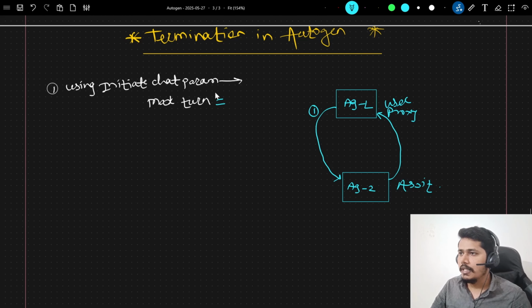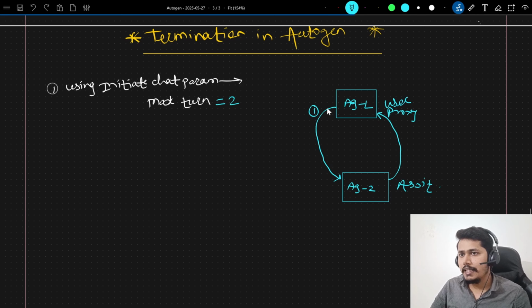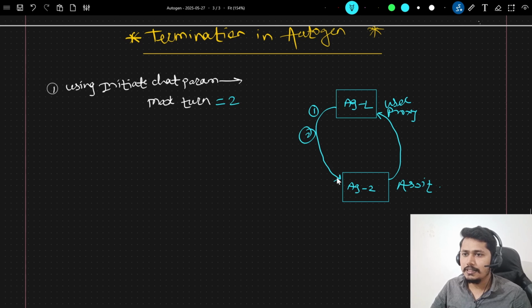Now, let's say we set the max turn parameter as 2. So each turn we need to consider as 1. Whenever agent 1 asks a question to agent 2 and agent 2 replies back, it is considered as 1 turn. Then agent 1 can again ask another question, and in that case, this is the second turn. Agent 2 will respond back to agent 1, and that's how the 2 turns are completed. And after this, the termination will trigger.